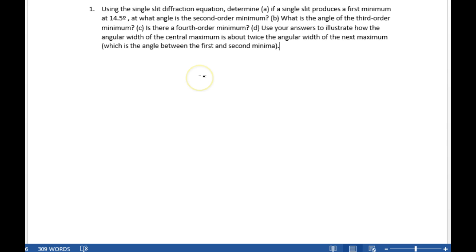So to solve this one, we begin with the fact that we have d sine theta equals m lambda, and the first order minimum is m equals 1, and that's 14.5 degrees.